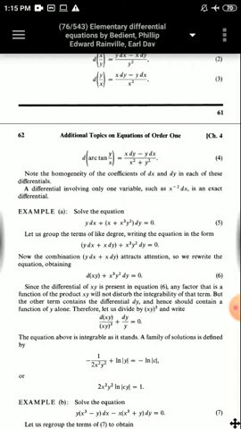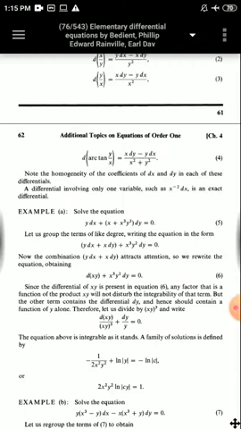Since the differential of xy is present in equation 6, any factor that is a function of the product xy will not disturb the integrability of that term, but the other term contains the differential dy and hence should contain a function of y alone.